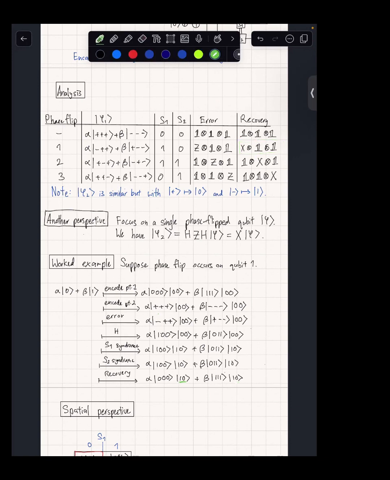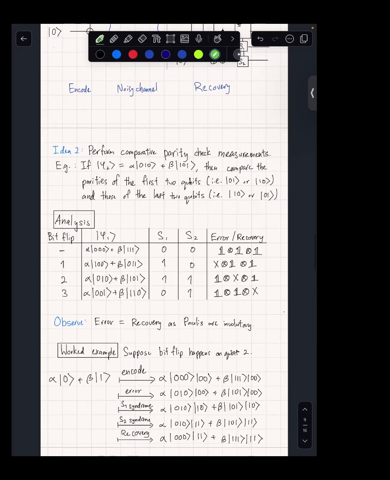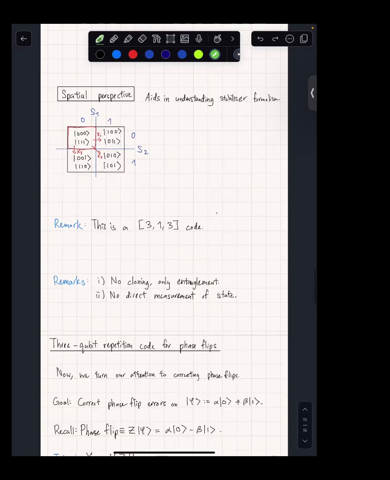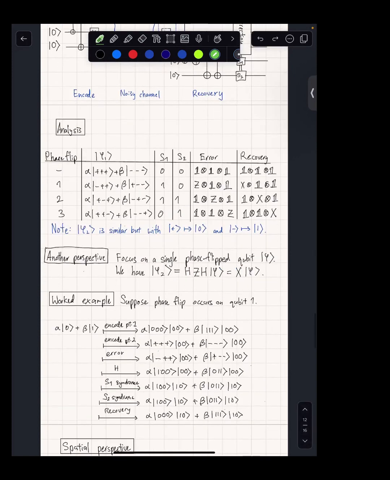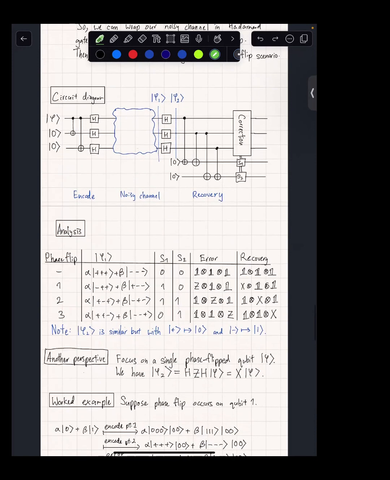Now recall that in the previous bit flip circuit diagram, our error was the same thing as our recovery here. But in this case, our error is different from our recovery. And that is not a coincidence. It's actually just because we're converting between two different bases due to applying Hadamard gates before and after the noisy channel.